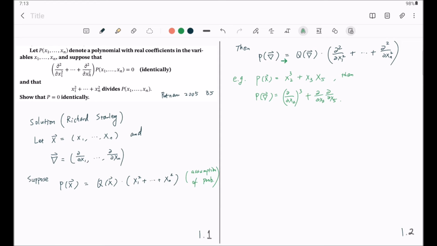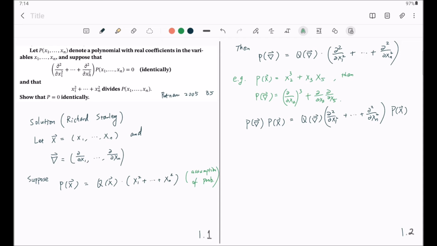Let us apply both sides to the polynomial P. This differential operator applied to P of x, and this product of different operators applied to P of x. The right hand side, what do you see from the right hand side?